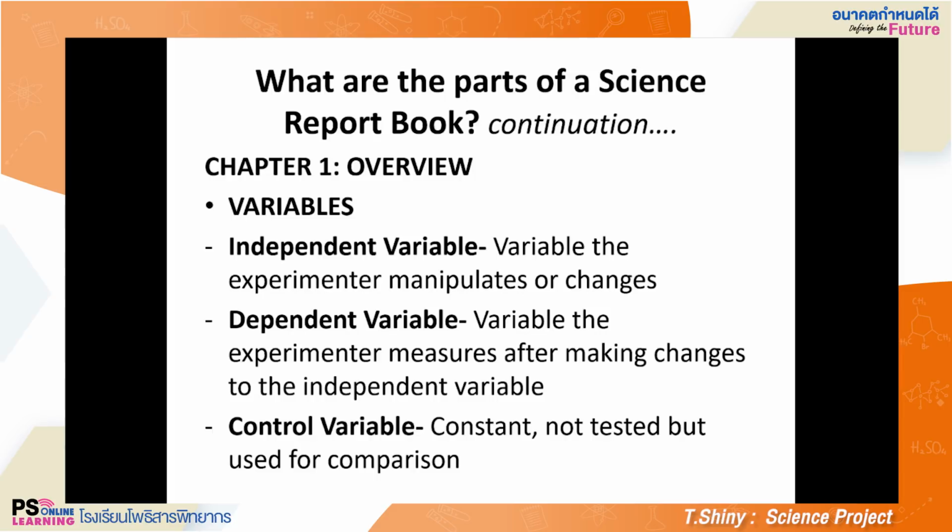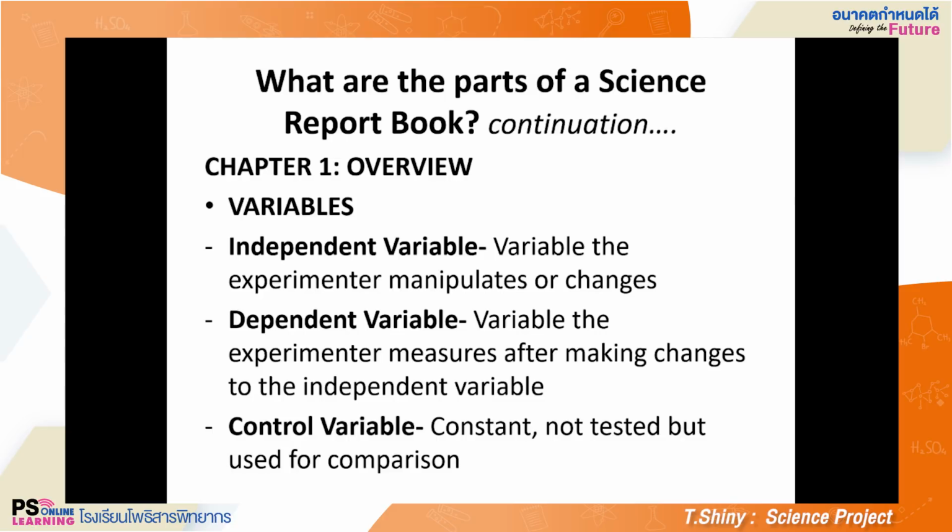So in your experiment, the independent variable should be one only. Again, the independent variable is the variable the experimenter manipulates or changes. And the dependent variable is what the experimenter measures based on the change of the independent variable.